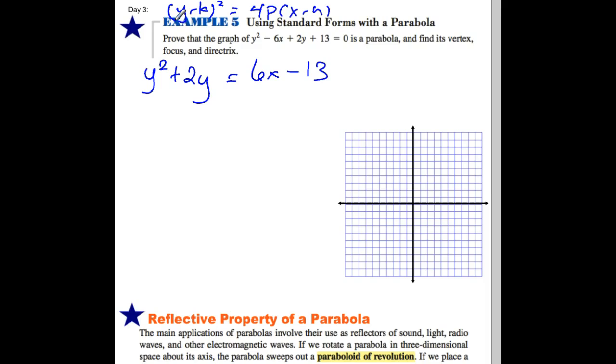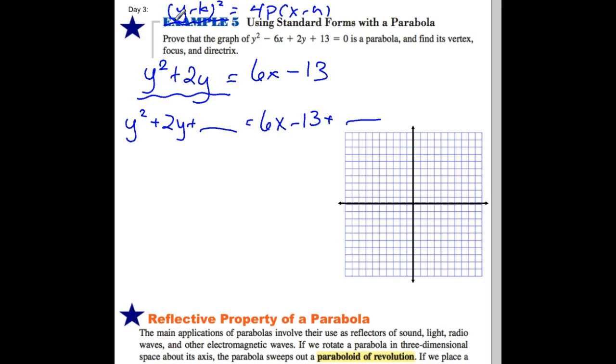Then we're going to try to complete the square because we want this to turn into something quantity squared. So it needs to be a trinomial that we can factor down into that. So we have y squared plus 2y plus something equals 6x minus 13 plus something. Whatever we add to one side, we have to add to the other.